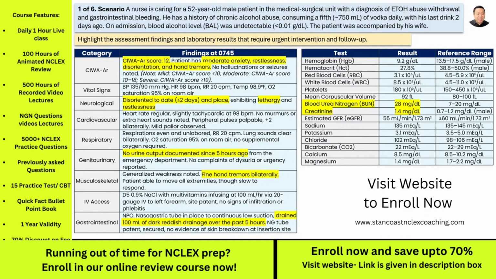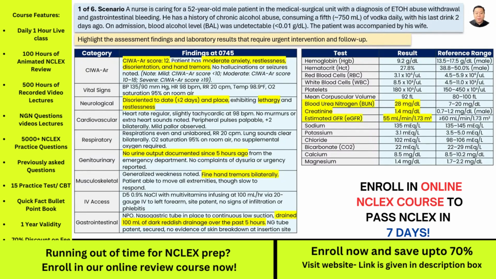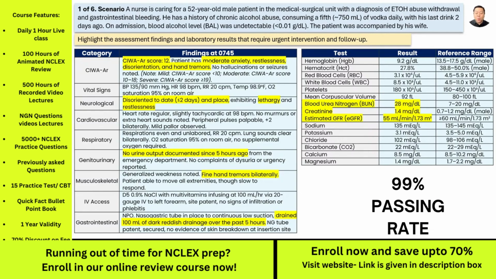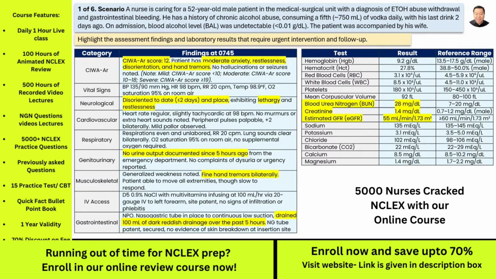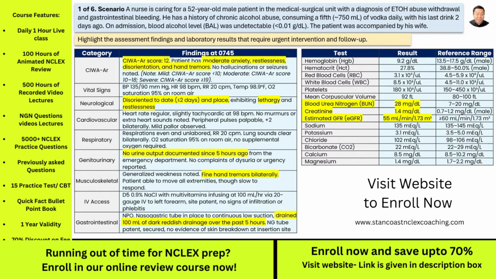Now, the next assessment finding here, or lab result, is the estimated glomerular filtration rate of 55 mLs per minute. So this is a lab test, a way for us to assess the kidney function, and anything that is below 60 is considered mildly to moderately decreased.